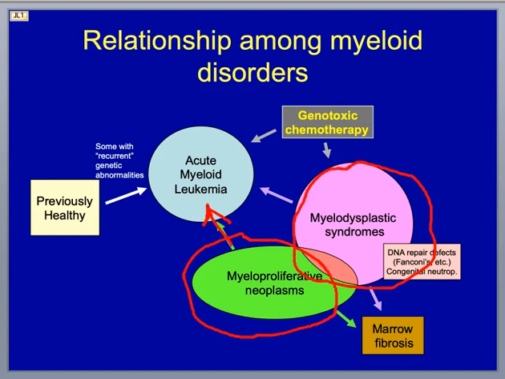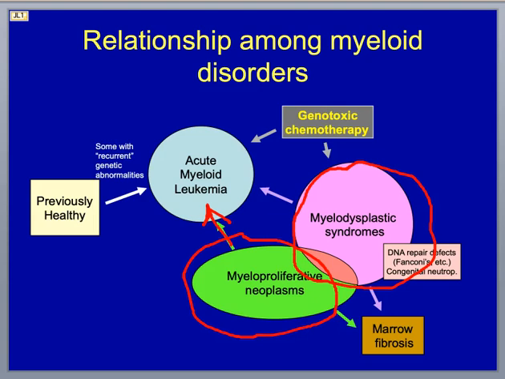Now, when we talk about solid tumors in upcoming cases, sometimes we talk about pre-malignant conditions or in situ carcinomas that can develop into more aggressive, more malignant neoplasms, and this is kind of where myelodysplastic syndromes fit in.